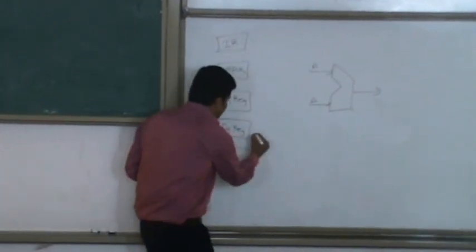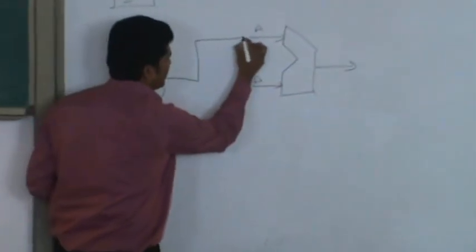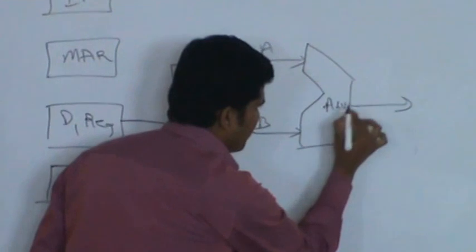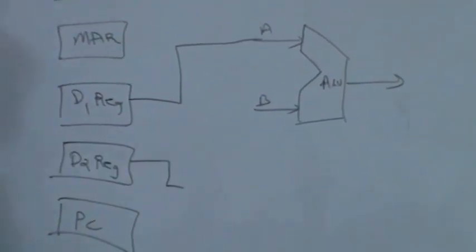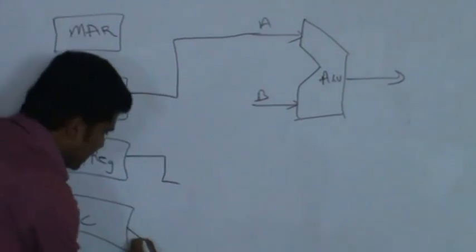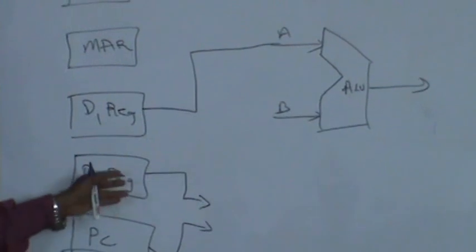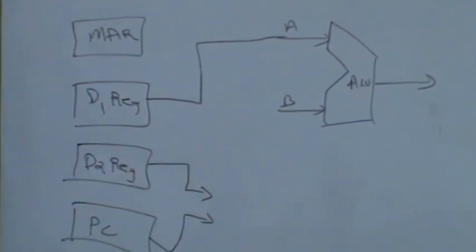So consider we have one of the inputs connected to the ALU. Another input can either come from the data register or the program counter. We can just pass the data, or else the contents of the program counter.